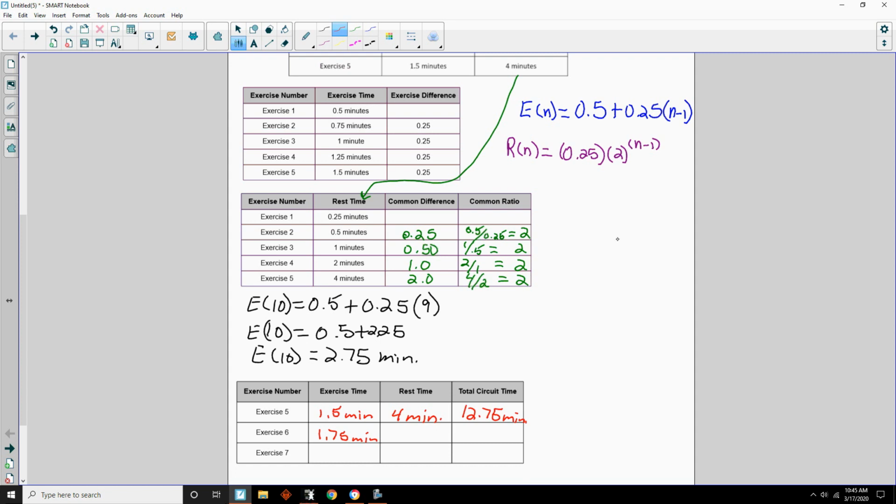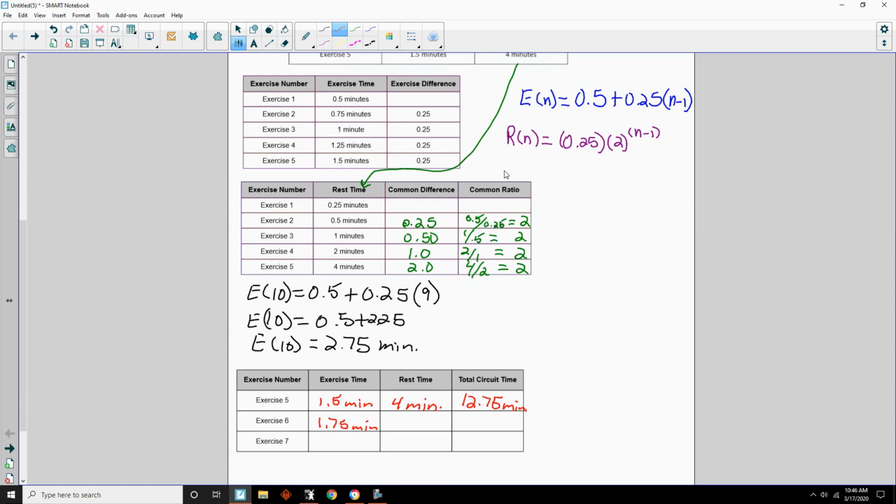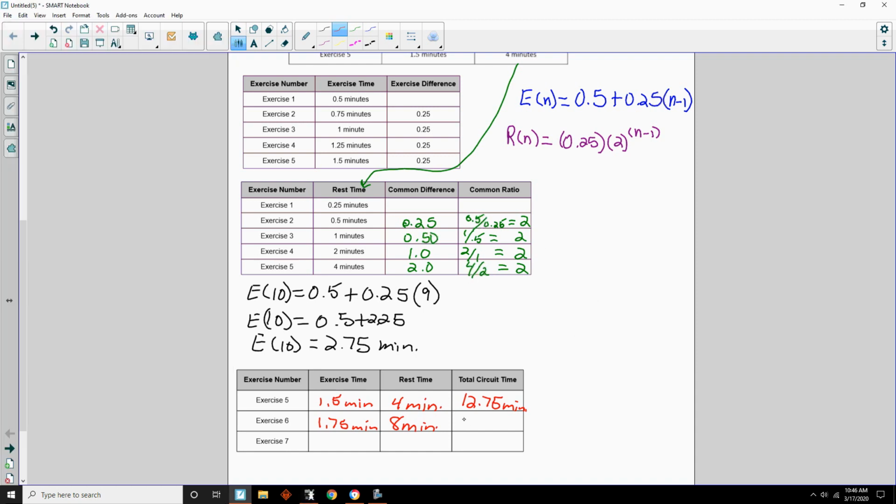So just to make sure we're doing this right, 0.25 times 2, 0.5 times 2, 1 times 2, 2 times 2 is 4. 4 times 2 would be 8 minutes of rest time. So 12.75 plus 1.75 of exercise plus 8 minutes of rest would give us 22.5 minutes.